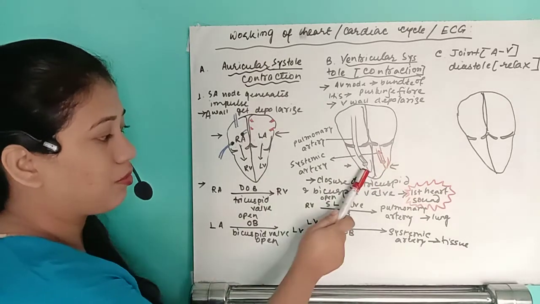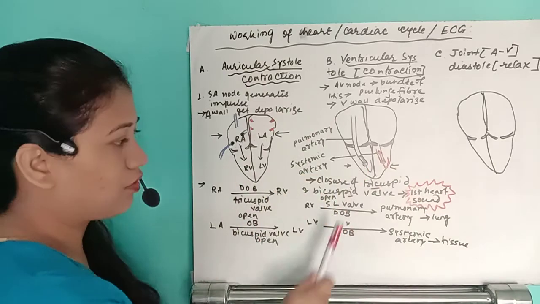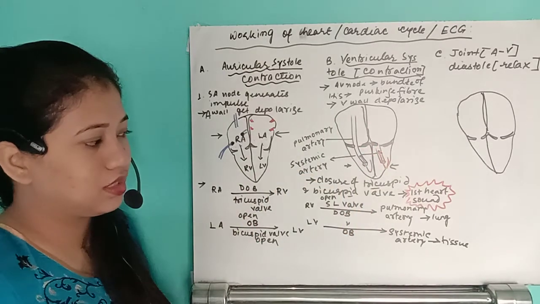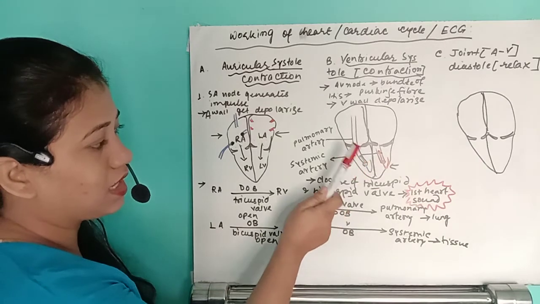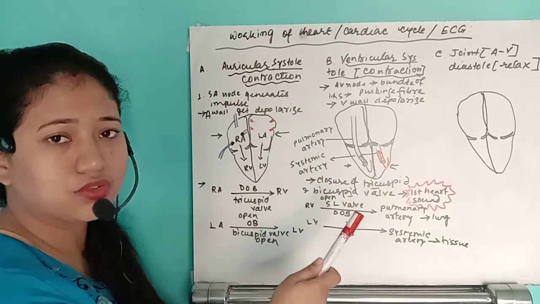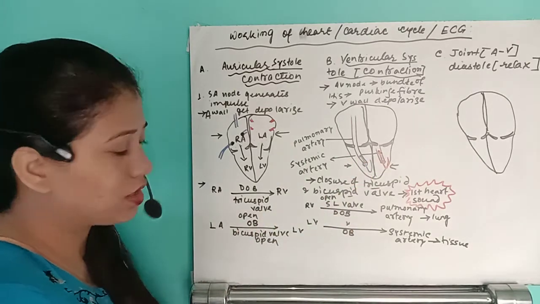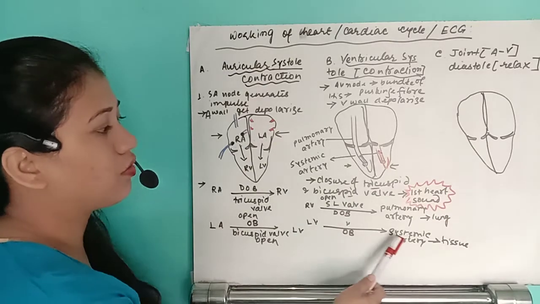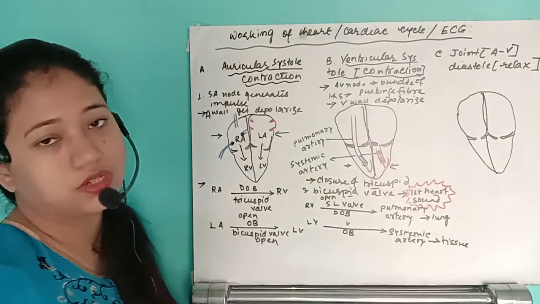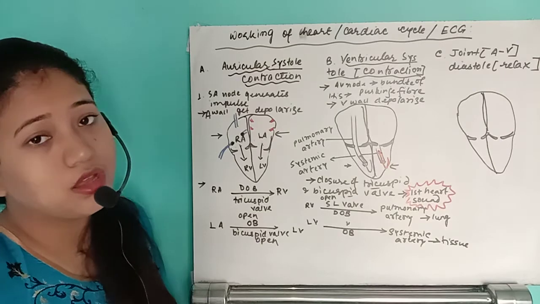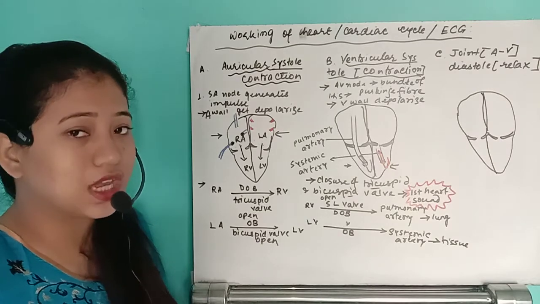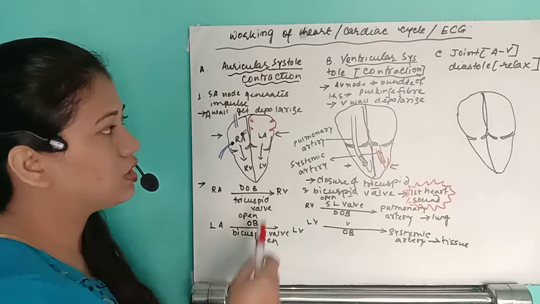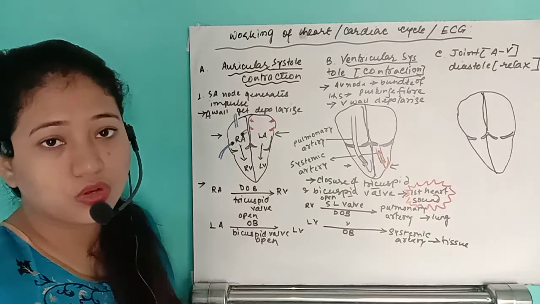One is from the right side to the pulmonary artery, from the left side to the systemic artery. From the right side, the deoxygenated blood will go to the lung so that it can get oxygenated, right? And from the left ventricle, through the systemic artery, it will go to the different tissues so that the tissues can get the oxygen. So this way the ventricular systole completes.